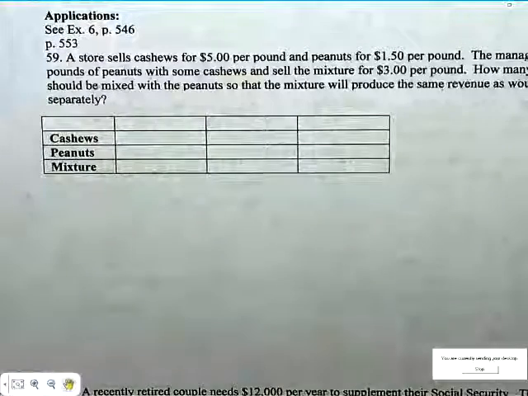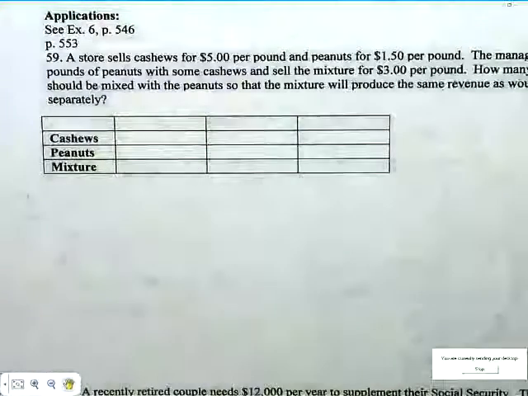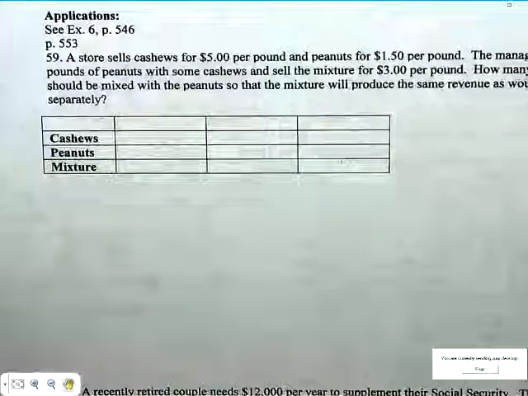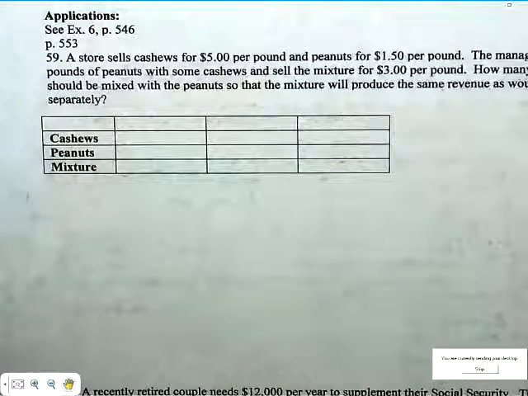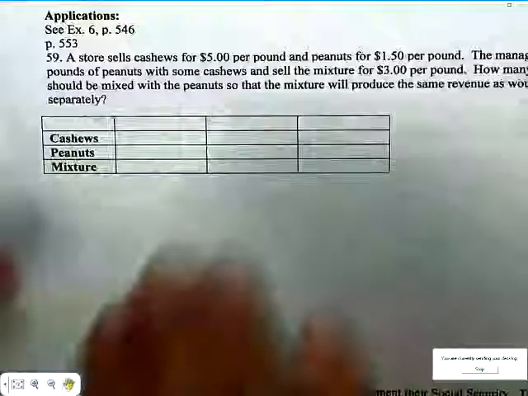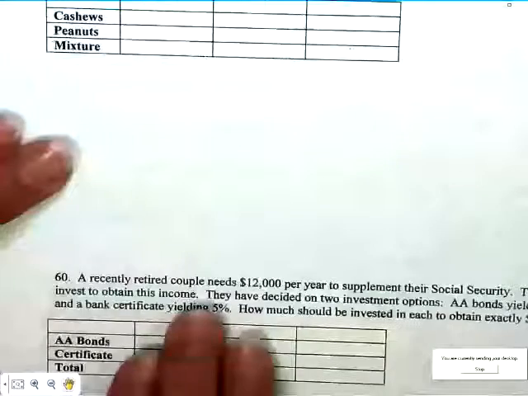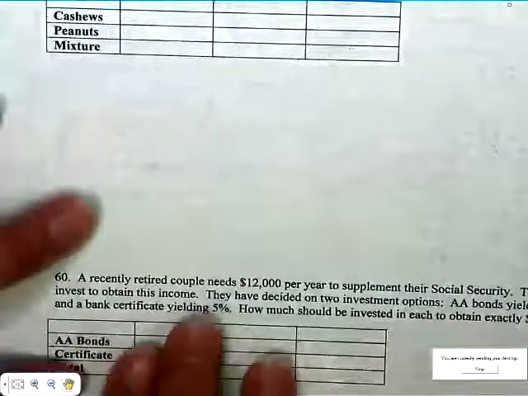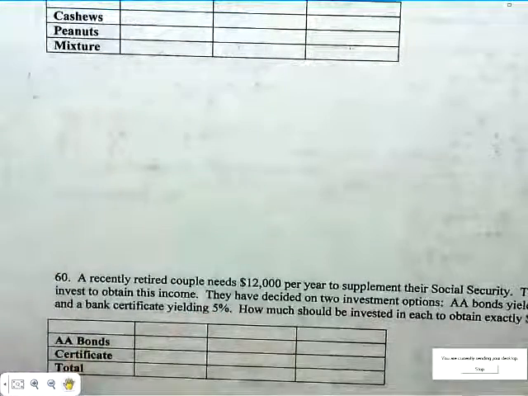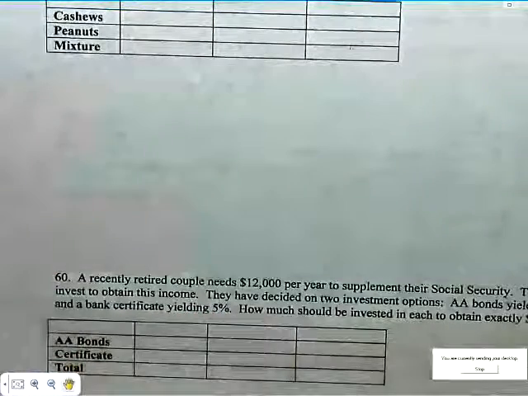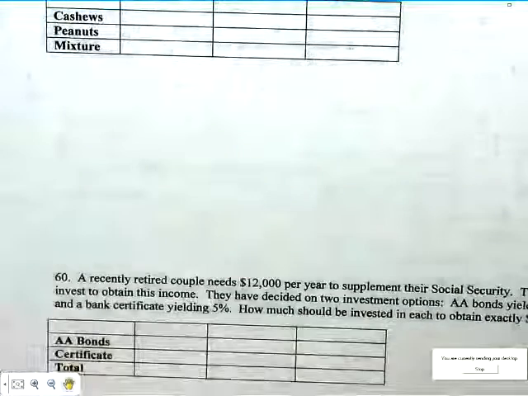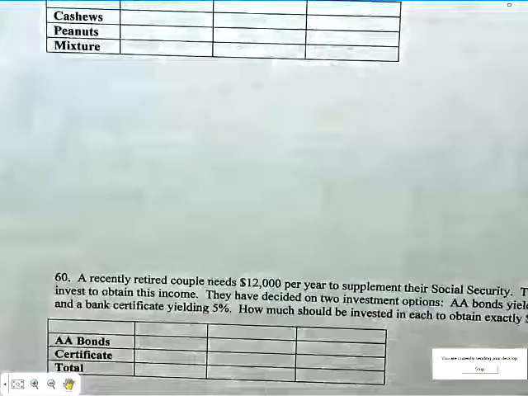Maybe we can just set them both up and leave them for you to solve. But the two kinds of word problems in this section are mixture problems and investment problems. Really, they're all mixture. Either you're mixing peanuts and cashews or you're mixing 401ks and IRAs. You're still mixing two things.